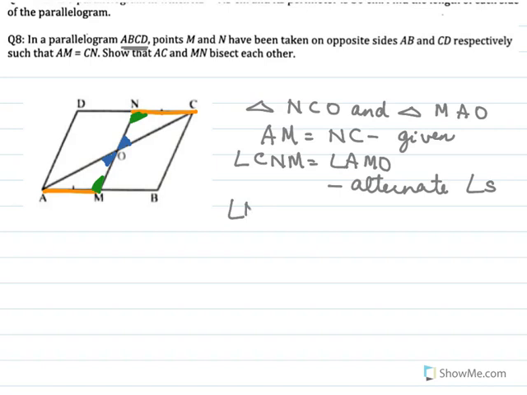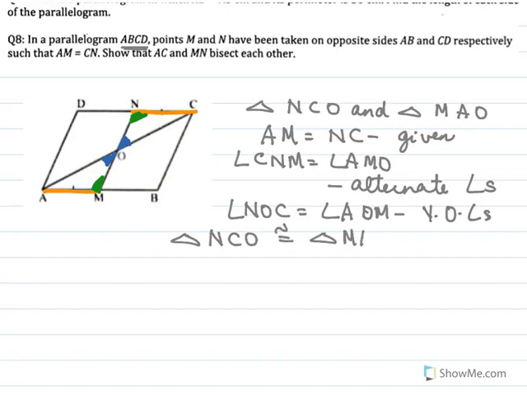Then we take the blue angles, angle NOC equal to angle AOM, vertically opposite angles. So triangle NCO is congruent to triangle MAO by the AAS test.